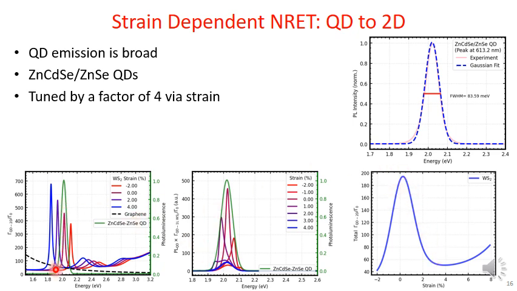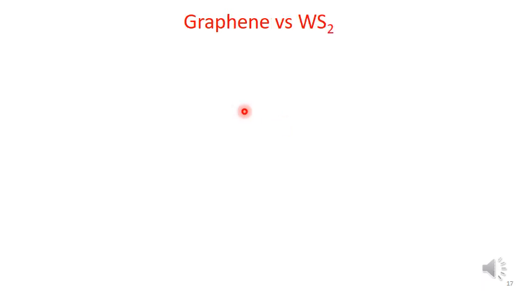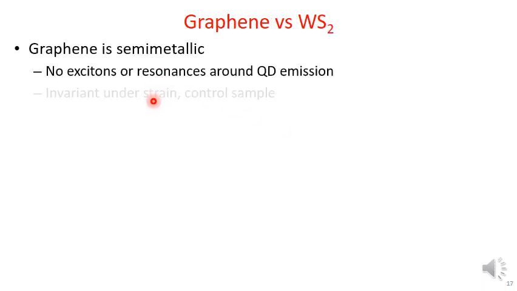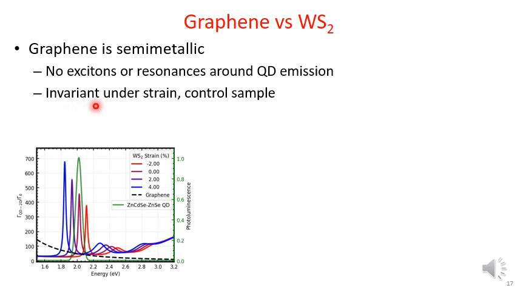When the quantum dot line width is large, this is the best we can get. Larger factors would be possible if we had narrow quantum dot emission. Graphene is semi-metallic and has no excitons, and we don't expect any changes with strain, so that can be used as a control sample. There is only some energy dependence because of the dipole term here, but no strain dependence other than that.